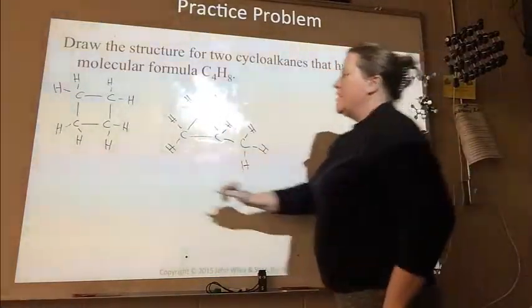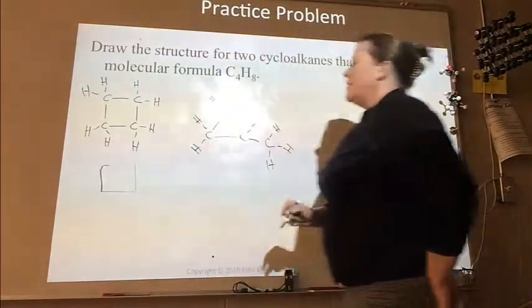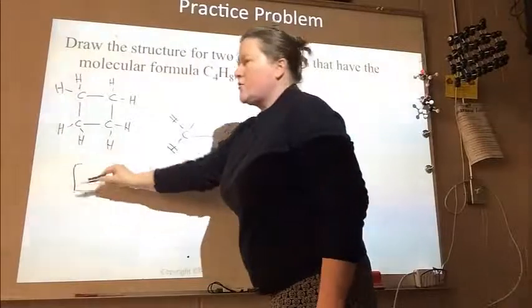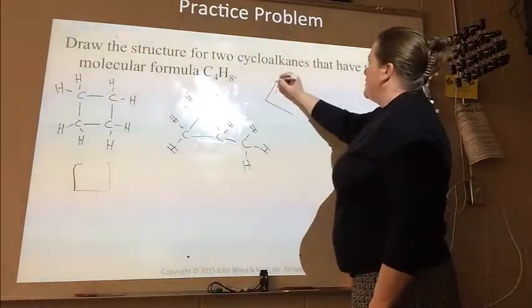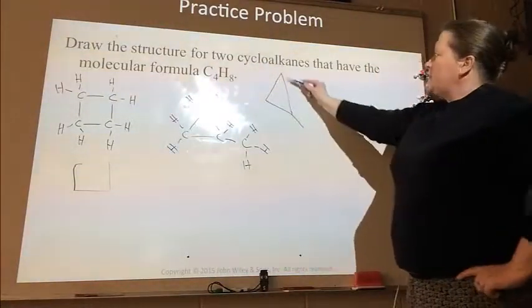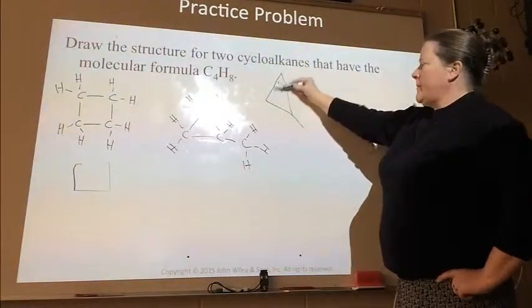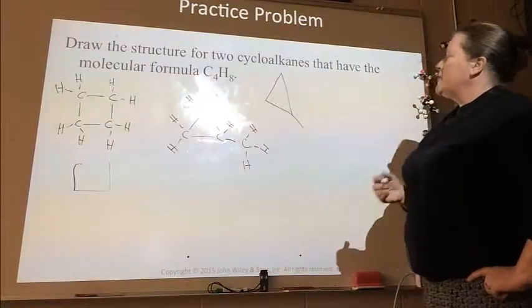And this could be drawn like this if we're just doing the line structure. It is implied that each of those corners is carbon, and this could be drawn like that, showing that we have a cyclopropane with a methyl group sticking off of it.